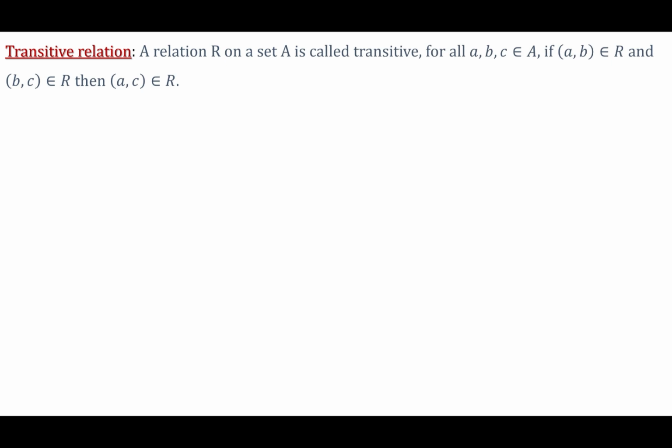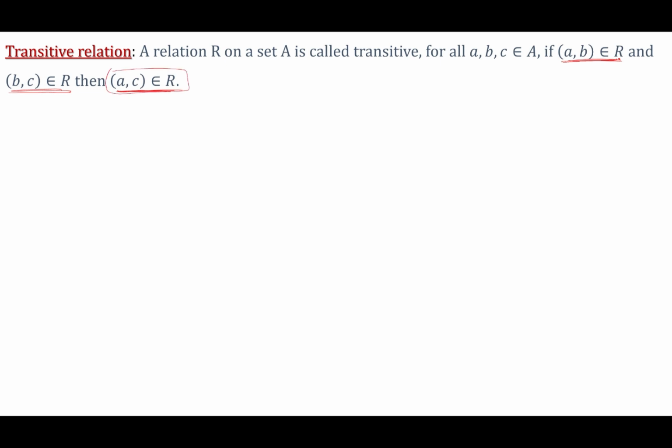Transitive relation. A relation on set A is called transitive if for all a, b, c belonging to A, if (a, b) belongs to R and (b, c) belongs to R, then (a, c) must be there. Check. (a, b), (b, c), and (a, c) must be there. This part is mandatory.